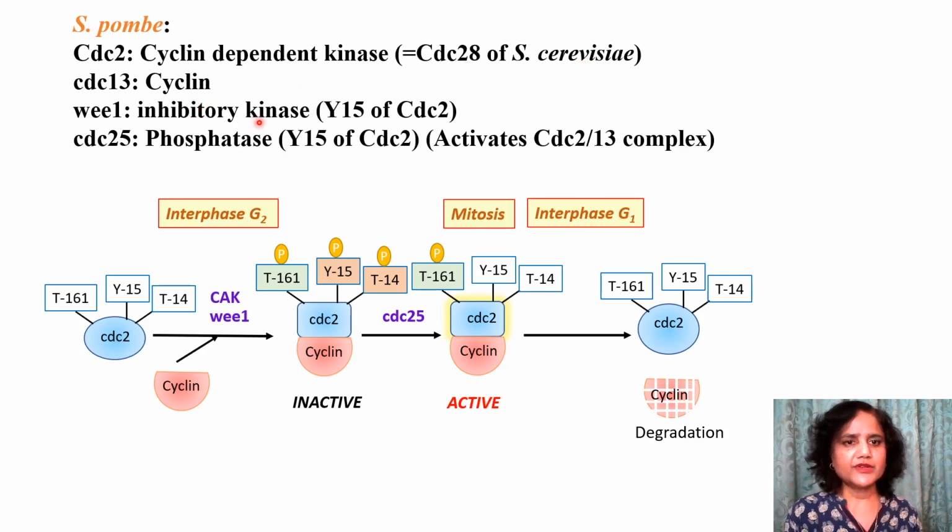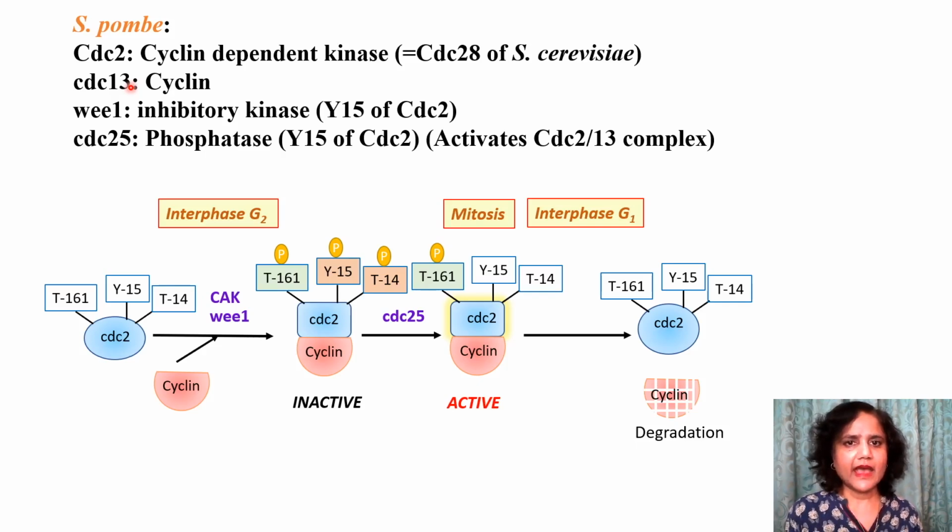Wee1 is an inhibitory kinase that brings about the phosphorylation of Y15 of CDC2. And CDC25, also coming out from the CDC screen, is a phosphatase which removes the inhibitory phosphorylation on tyrosine 15 and 14, and it activates this CDC2-CDC13 complex.